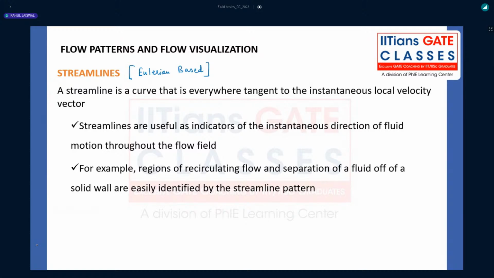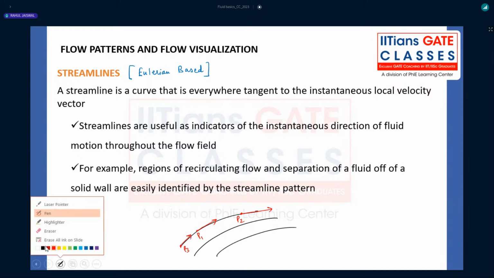Now, what do you mean by a streamline? A streamline is an imaginary curve, not a real curve. That is the first thing; it is just there for flow visualization, right? Suppose any curve is there in a flow field. On this curve you draw a tangent, at a point P, at P2, or at P3, for example.